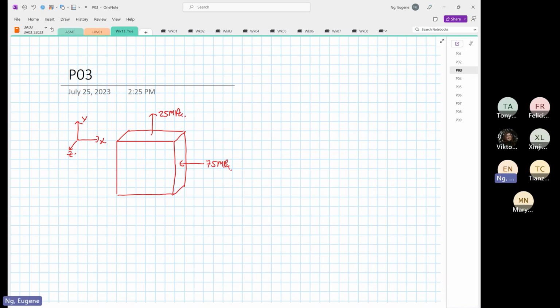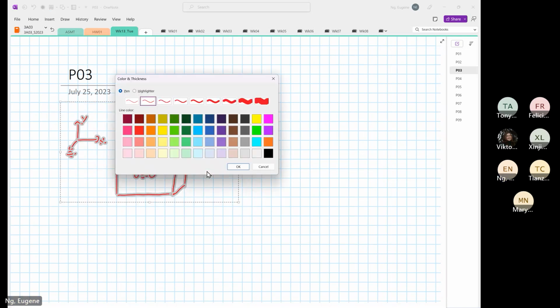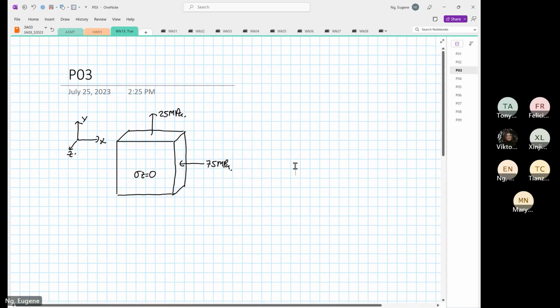And then our stress Z is equal to 0. Okay.